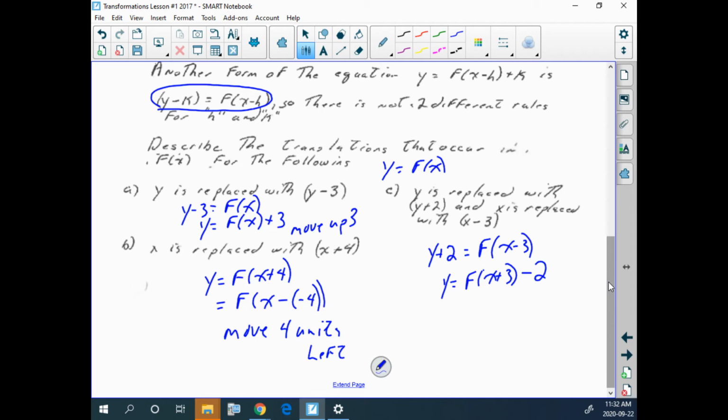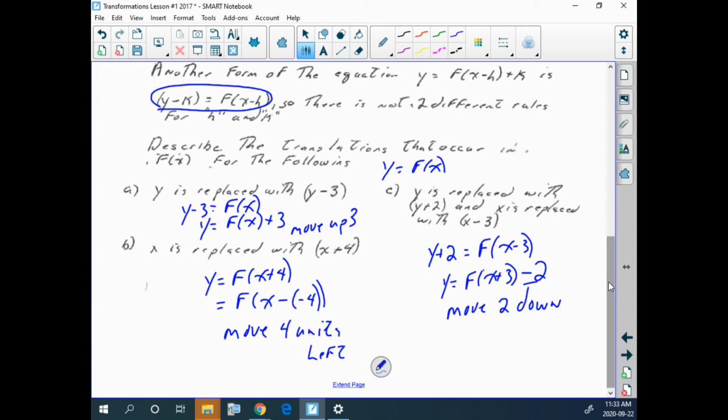And we have a move 2 down. That negative 2 tells me here, think about this as y minus negative 2. That'll also give you your 2 down.